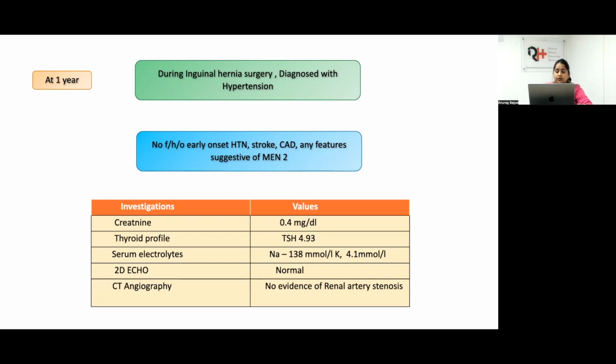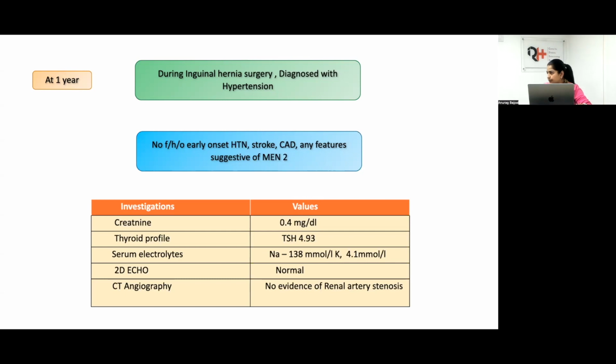And multiple investigations were done just to rule out the common causes of hypertension. Creatinine, thyroid profile, electrolytes, all were normal. Even 2D echo was done, which was normal. CT angio was done just to rule out renal artery stenosis, which was also normal. And there was no hypokalemia at that time.